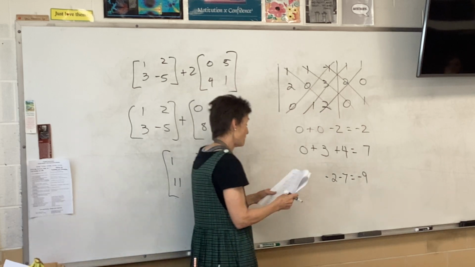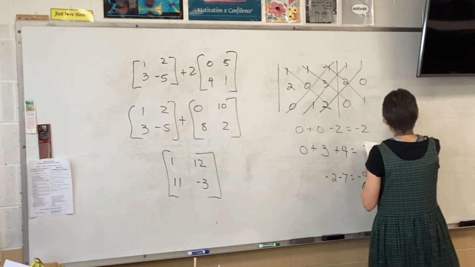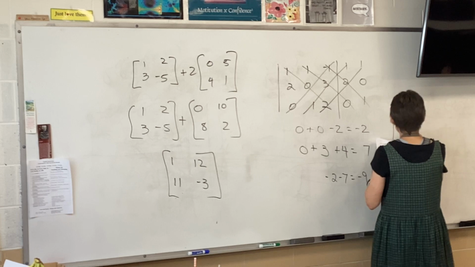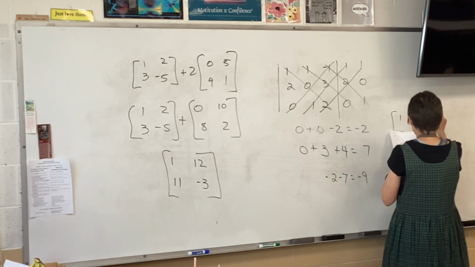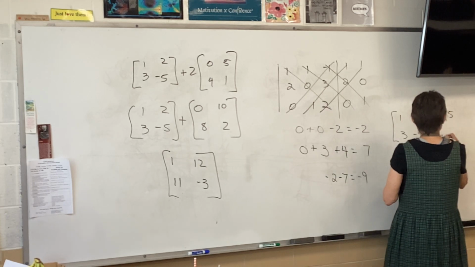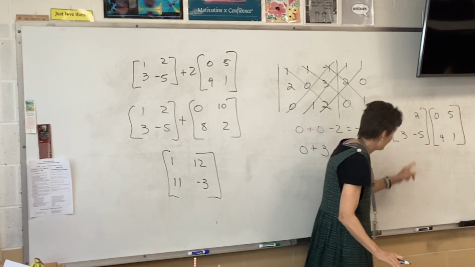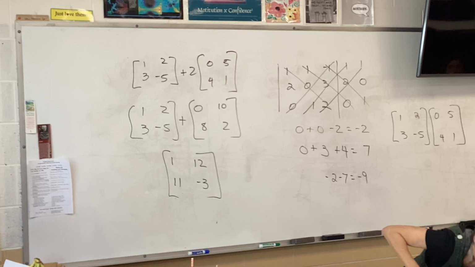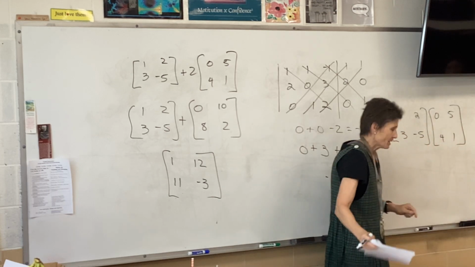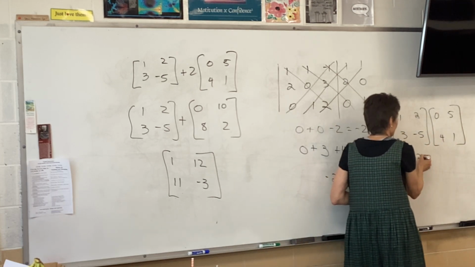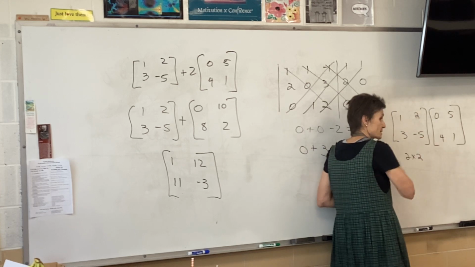All right, A times B. Now I'm going to multiply A times B. Now again, the rules for multiplication are kind of weird. This guy is a 2 by 2, 2 rows, 2 columns.